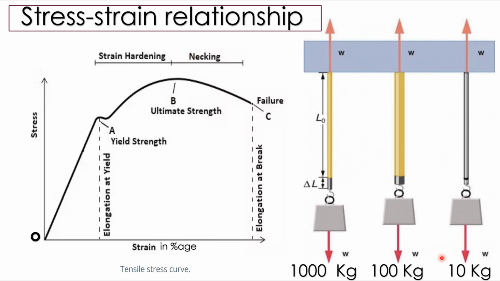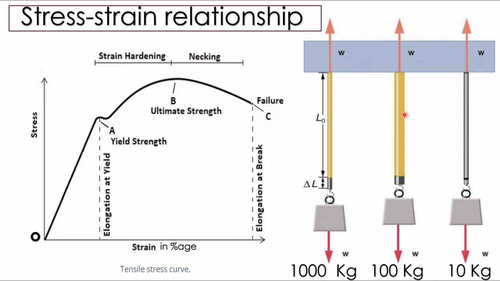Let's increase the load from 10 kg to 100 kg. As we increase the load, the deformation in the rod will increase, and the length will change from L0 by delta L again, and the area of the rod will reduce as well. Up till here, if we remove the load, the deformation will be reversed and the rod will come back to its 100% original length and shape.